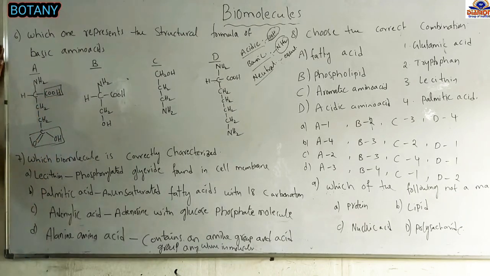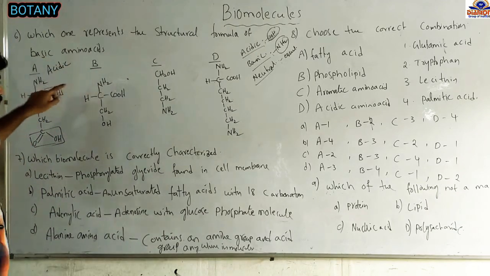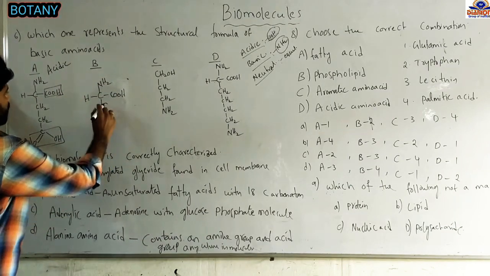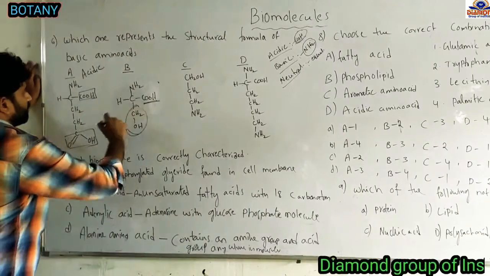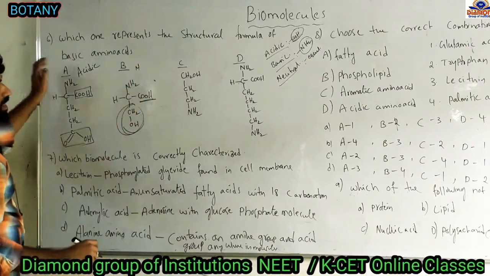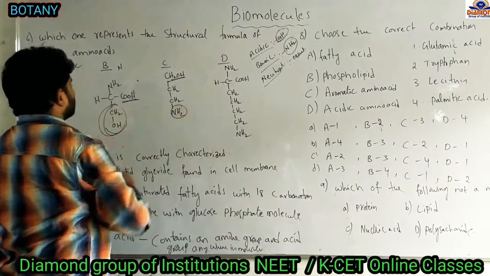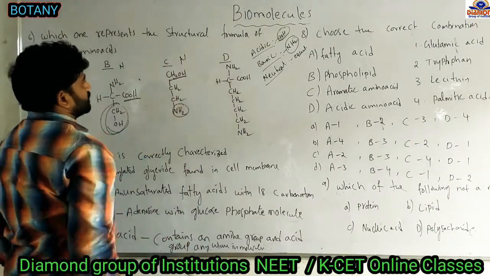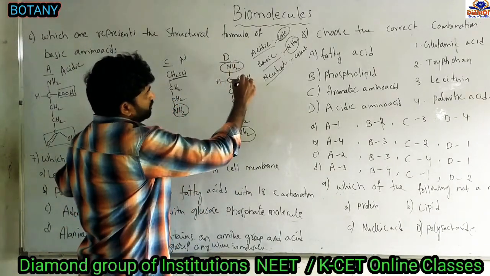If the carboxylic groups are more, such amino acids we call acidic. In option B, the number of carboxylic acids is 1, so this amino acid we represent as neutral. In option C, here also 1 carboxylic group and one amine group are present, so this is also neutral. In option D, there are two amine groups and only one carboxyl group.